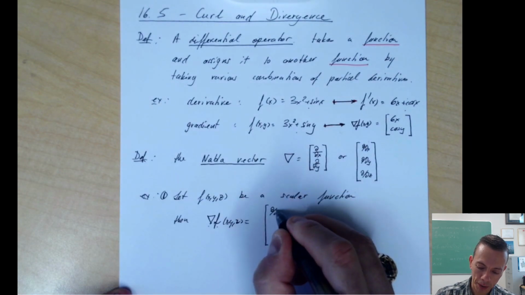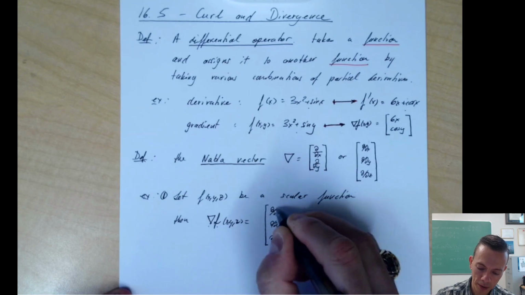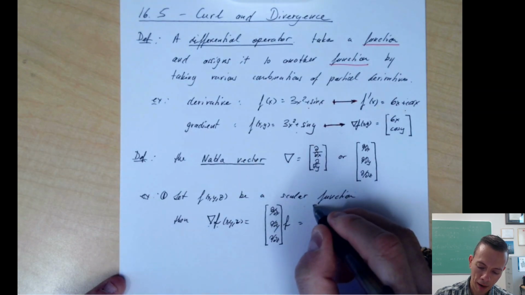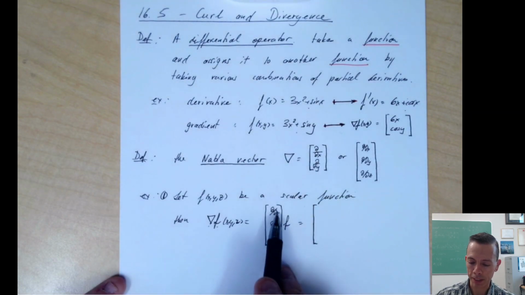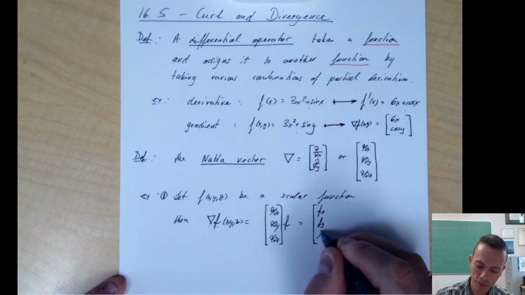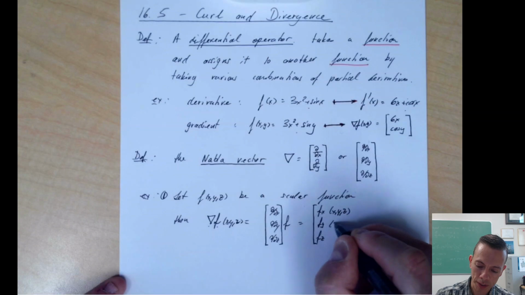So partial with respect to x, y, and z of f, which can be symbolized as fx, fy, and fz of x, y, z.